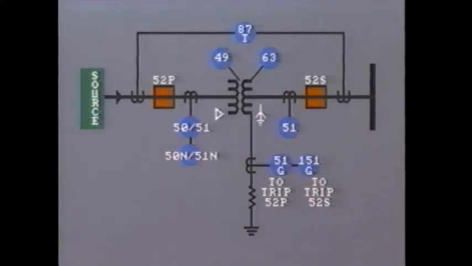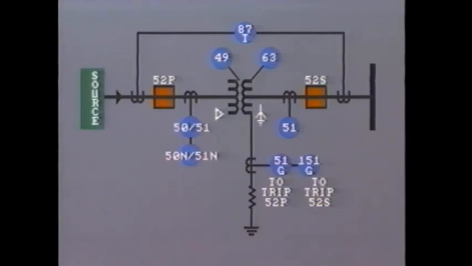First, we have the overcurrent ground relay 51G, which is connected in the grounded neutral of the transformer secondary. This is wired to trip the primary breaker and serves as backup for a ground fault on the secondary bus and feeders. Often a second ground relay is provided to operate the secondary breaker, and this is set with a longer time setting so as to allow the secondary ground relay time to clear first.